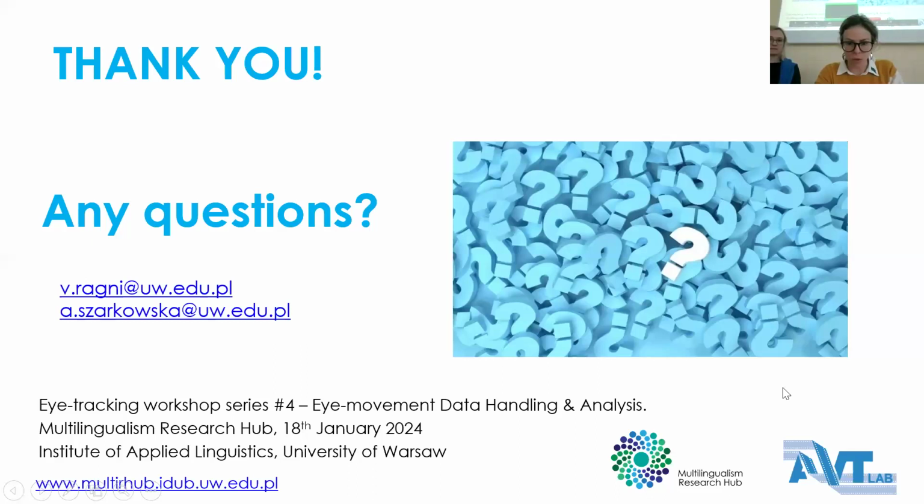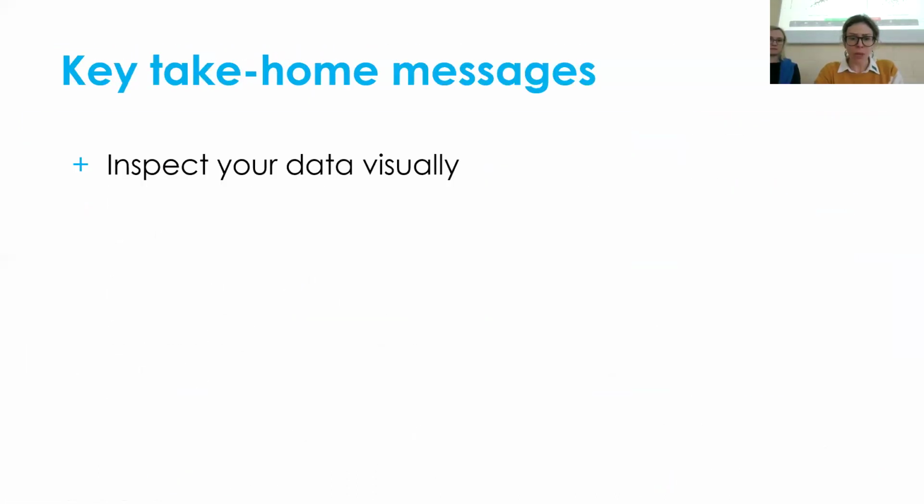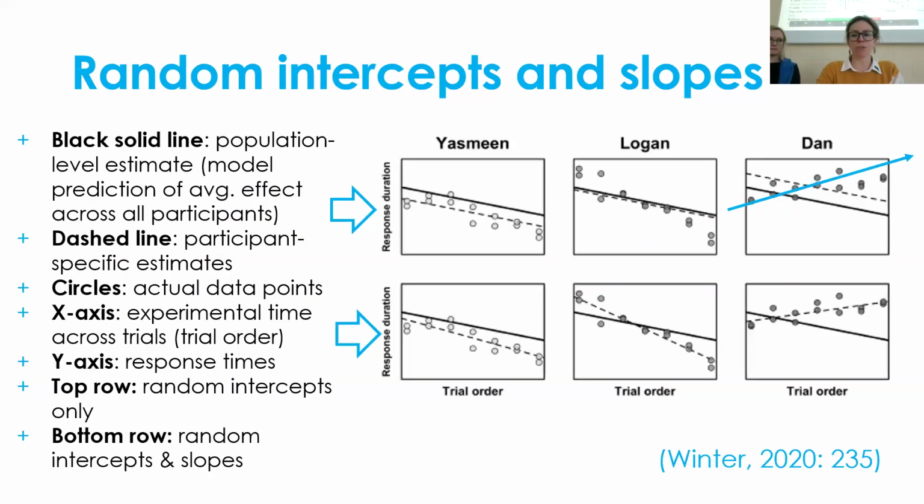So we could see Dan here, right? Dan was acting very differently from the other participants. But if that is not there, then maybe the slope is not necessary.